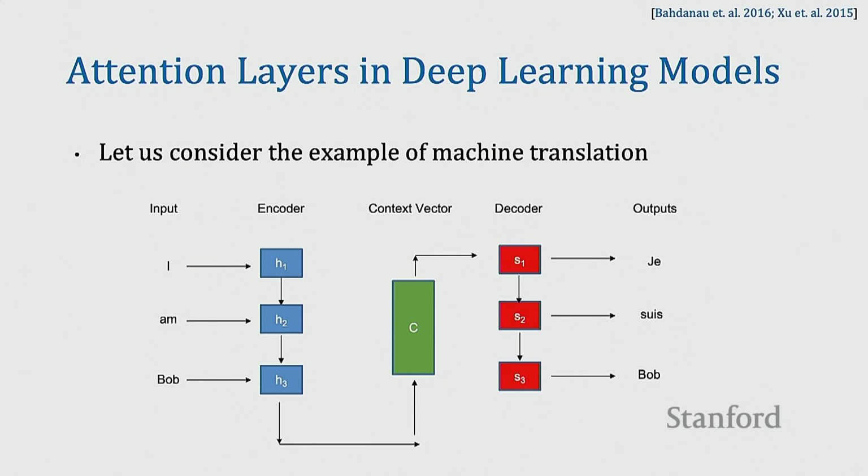So there is your input. You are trying to translate this sentence from English to French. There are 3 tokens in your input, and each token is passed through an encoder, which will generate some kind of a hidden state representation for that token. So that's what this side is doing, right?